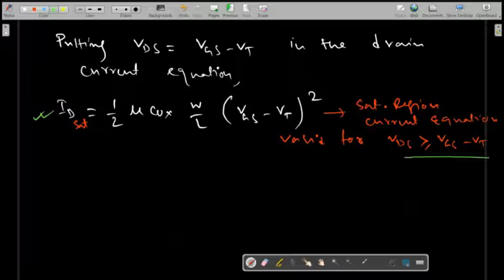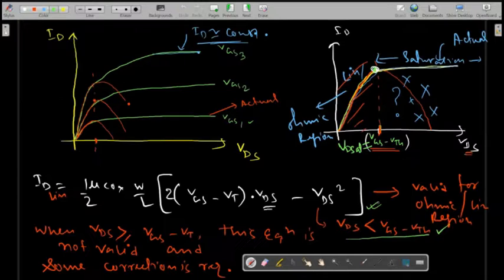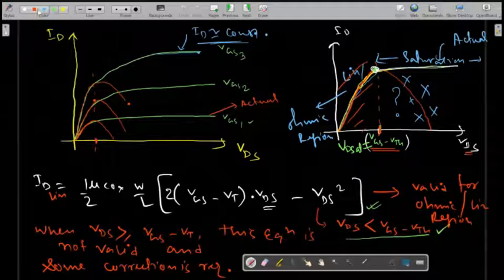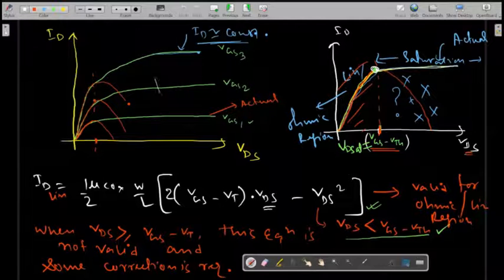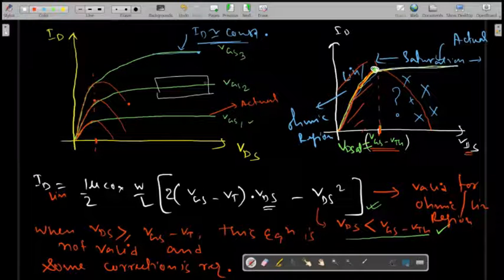So till now we got some equations. That means we modeled the linear and saturation region current equations of MOSFET. But if you check the graph of the MOS transistor carefully in this region, pick any one graph, is the current perfectly constant from this point to this point?